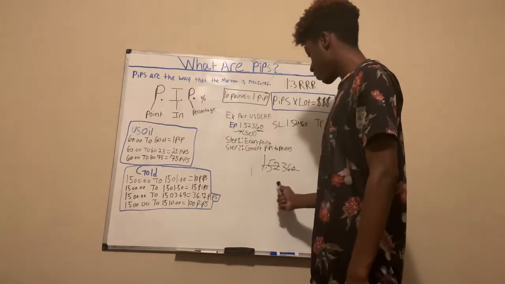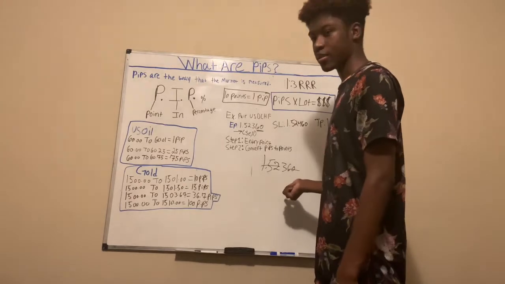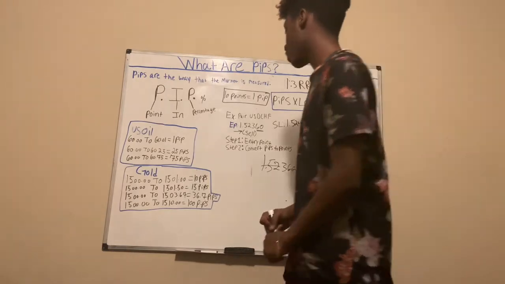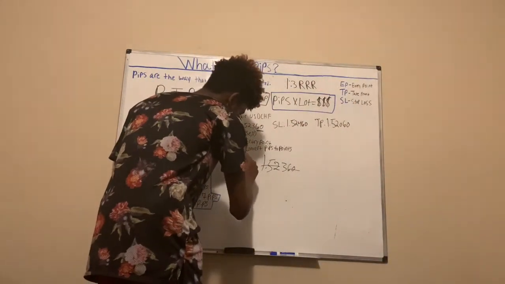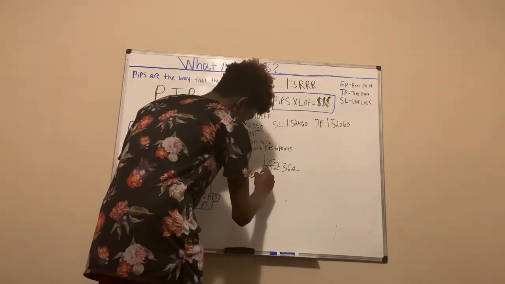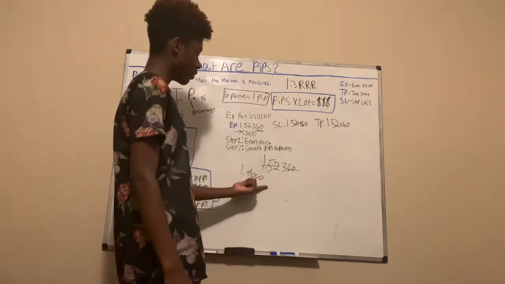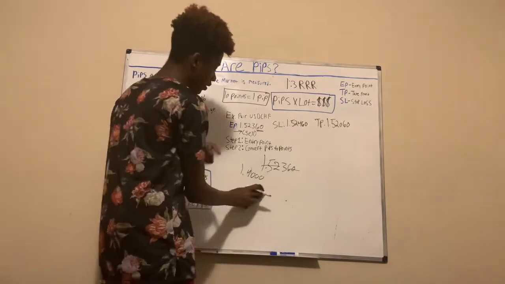This stays the same. The last number is called the pipette, and it stays the same. Unless you get a number like 1.4000, then that's when the pipette changes, but we're not worried about that right now.